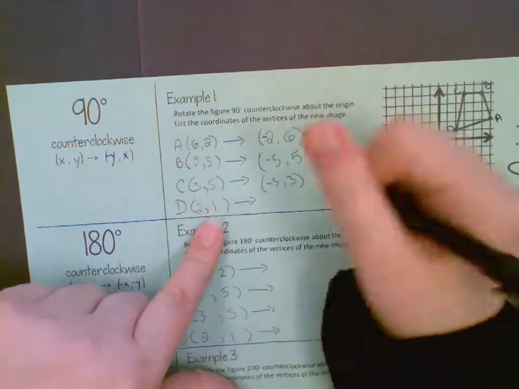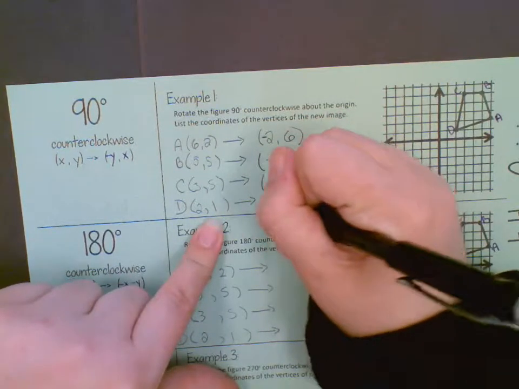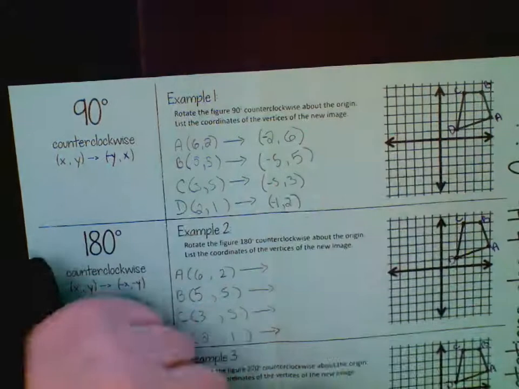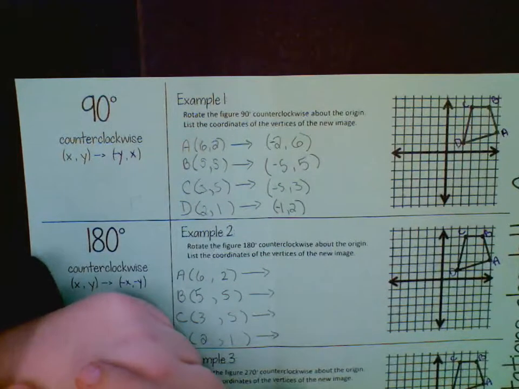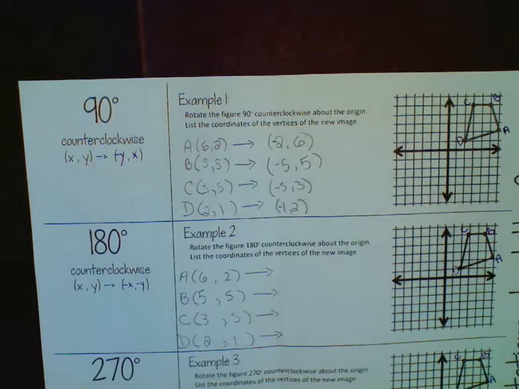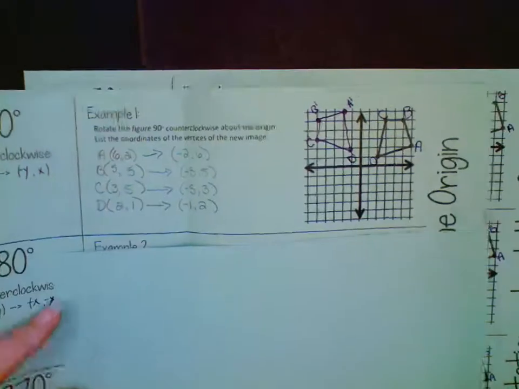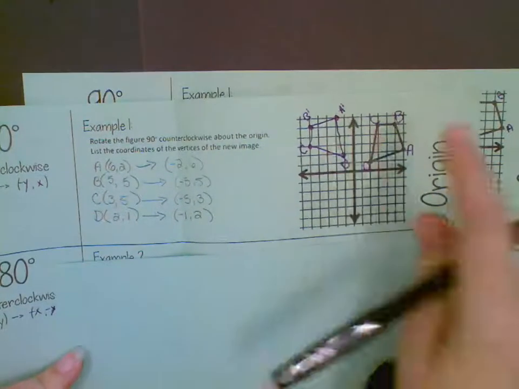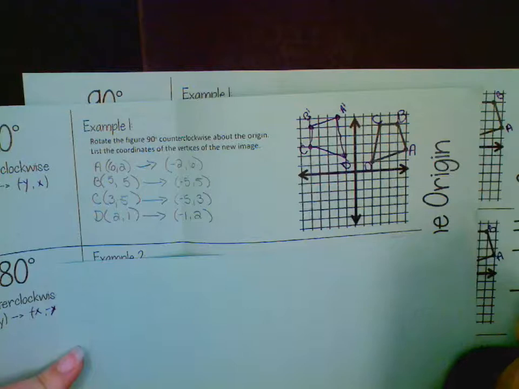If it was already negative, it would become positive. I know that doesn't happen for any of these ones, but that's what would happen. So go ahead and plot those points and see what your graph looks like. So this is what we get. It turned one turn over here into the second quadrant.